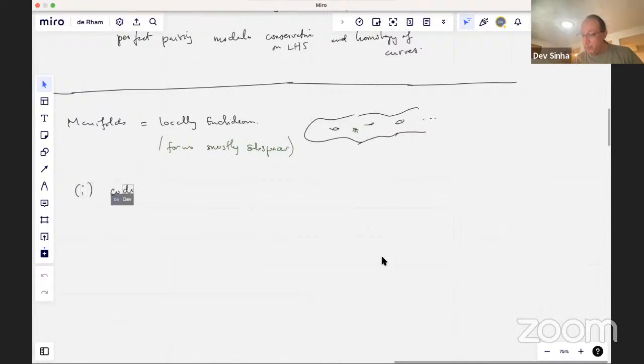So we've already implicitly talked about a fair amount of codimension 0 submanifolds of Euclidean space. And that's just Rn minus some sets so that everybody has an open ball around it that's contained in the set.